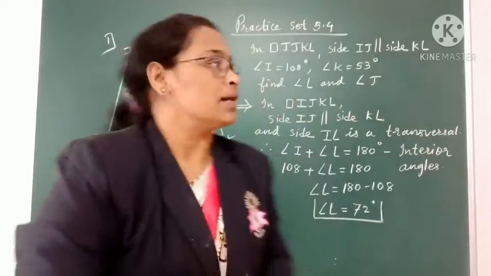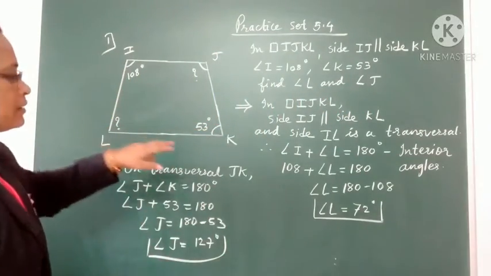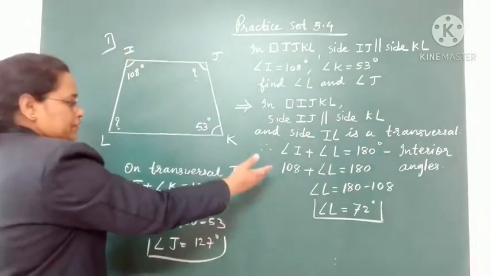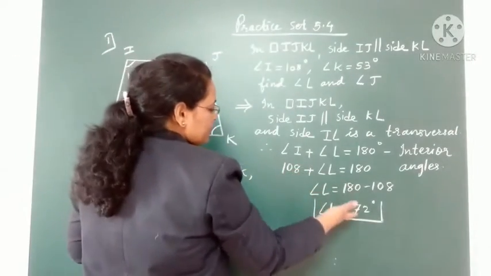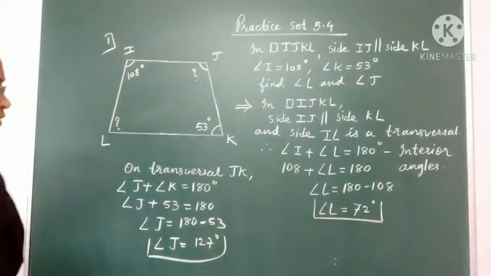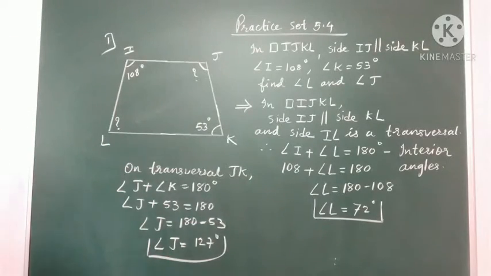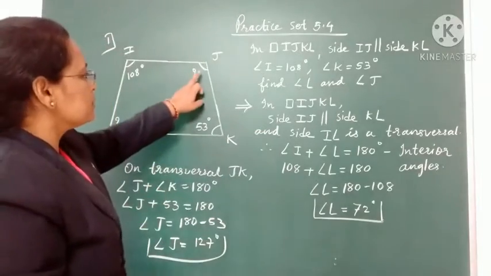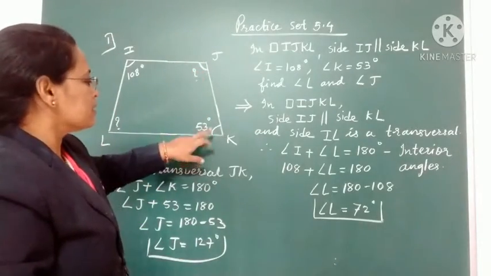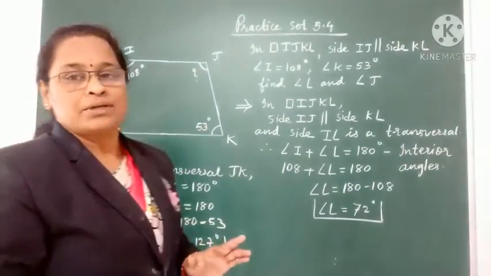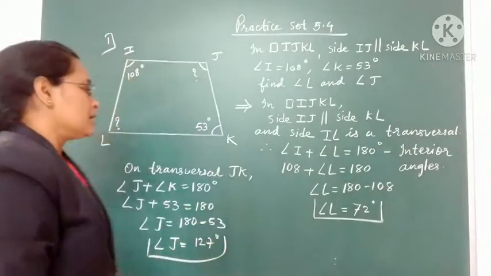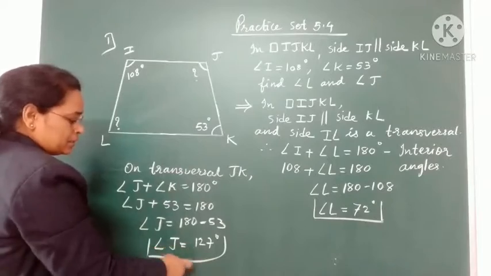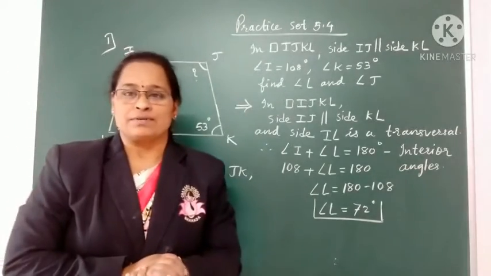So angle I plus angle L is equal to 180 degrees. Filling in the measure of angle I, we get angle L equal to 72 degrees. Similarly, on the transversal JK, angle J plus angle K is 180 degrees because they are interior angles, and if we substitute the measure of angle K, we get angle J equal to 127 degrees.